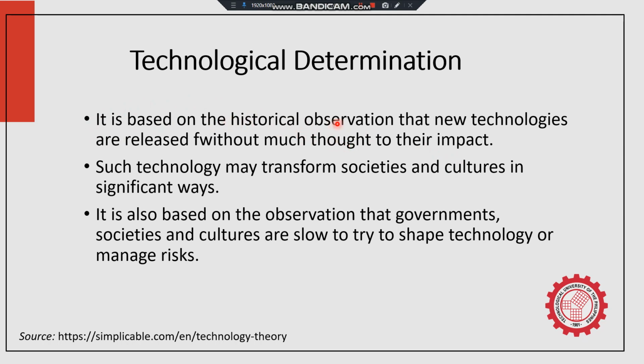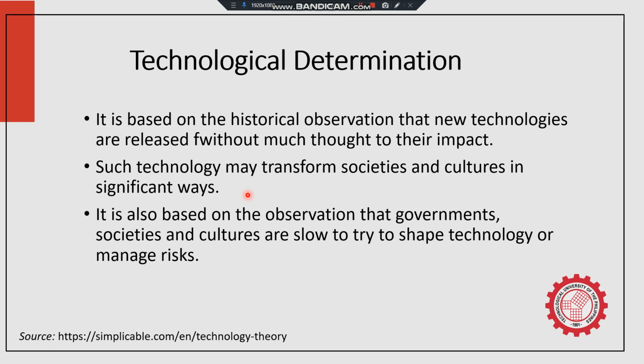As observed in the past, there are technologies being implemented without considering whether there are positive or negative impacts. So such technology may transform societies and cultures in significant ways. Whether positive or negative, they might really change the society and the culture.